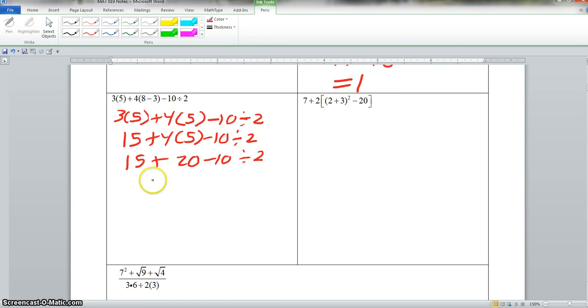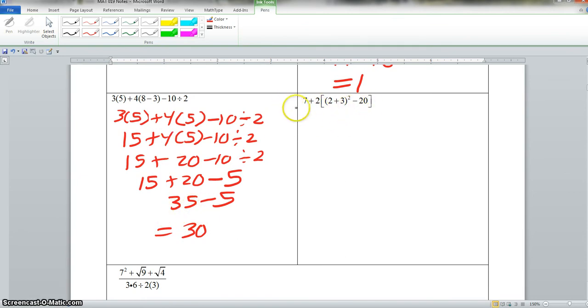And then we would do the division. So we have 15 plus 20, and then we have a minus 10 divided by 2, which would give us a minus 5. 15 plus 20 is 35. Minus 5 is 30. And that is our final answer.